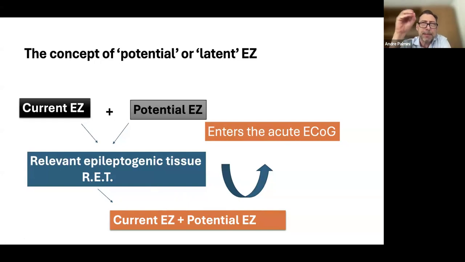And what I mean by relevant epileptogenic tissue is epileptogenic tissue that may not be so related to seizure generation at the moment you operate the first time, but eventually may become.